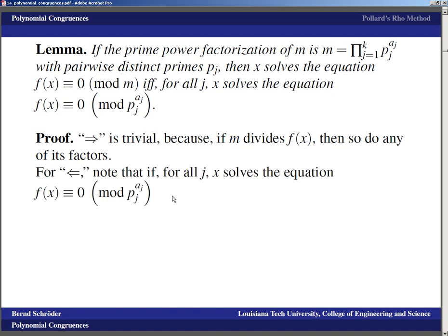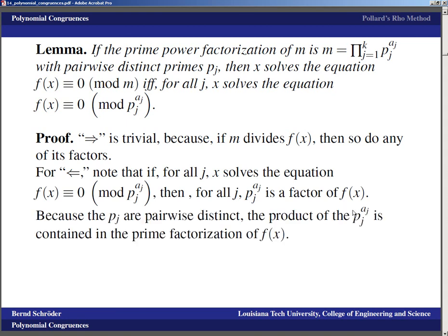For the other direction, we note that if for all j, x solves the equation f of x equivalent to 0 modulo pj to the aj, then for all j, pj to the aj is a factor of f of x. But that means, because the pj are pairwise distinct, the product of the pj to the aj is contained in the prime factorization of f of x. And that means that m divides f of x, that is, that f of x is equivalent to 0 modulo m. And that is the proof already.